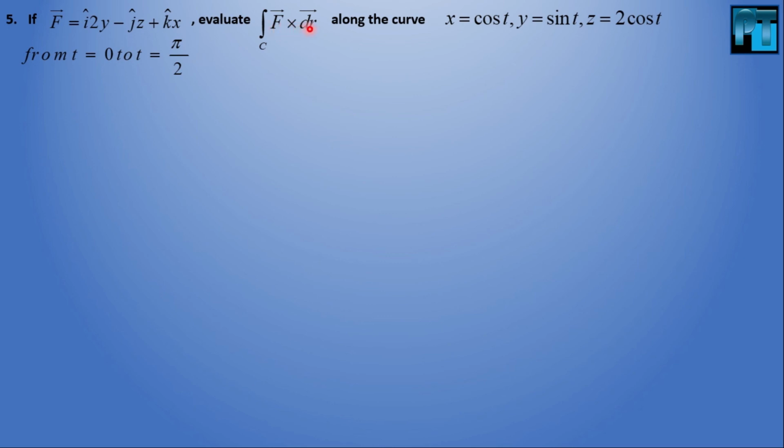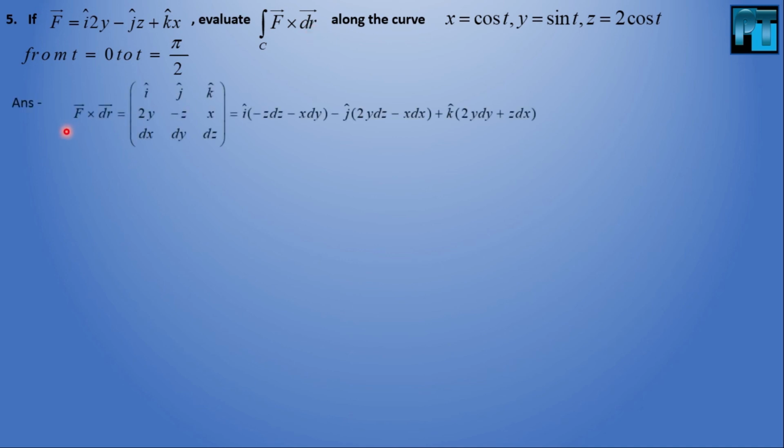This is not F dot dr, this is F cross dr. So F cross dr will have some vector components like this one. Now we have to put these parametric forms and convert this into t forms, but the components will remain. It is not a scalar quantity.